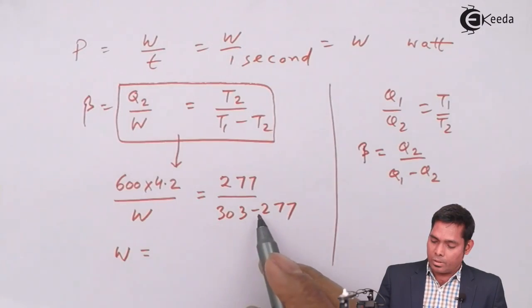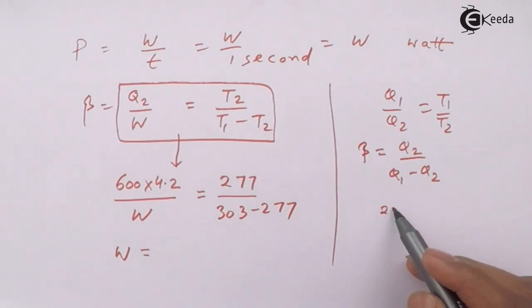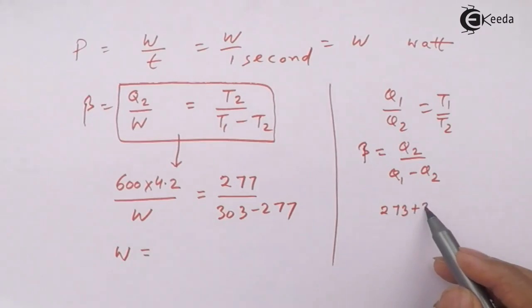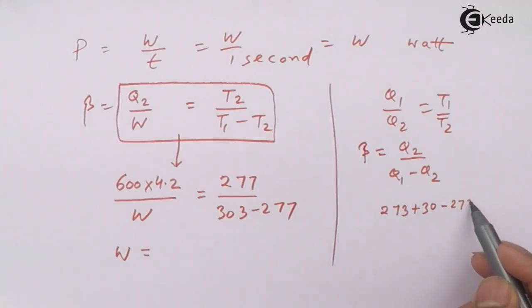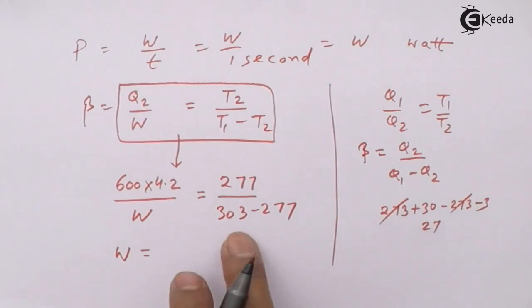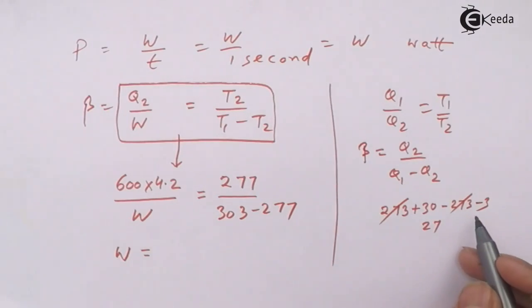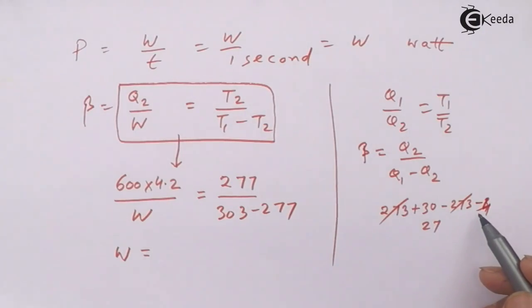The T1 is 273 plus 30, minus 273 plus 4.